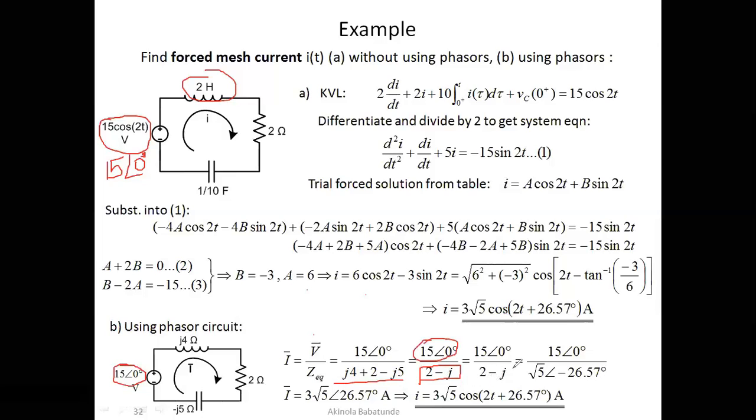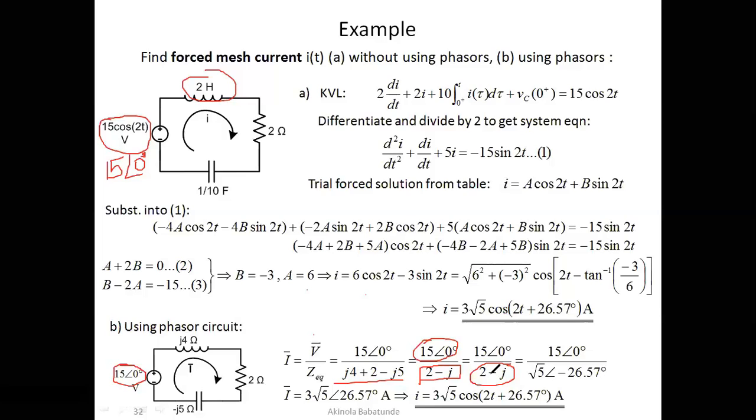You can also write this 2 minus J in phasor form. How do you write 2 minus J in phasor form? This is pretty much easy. First of all, you find the magnitude. 2 squared is 4 plus minus 1 squared, which is 1. 4 plus 1 is 5. Square root of 5 is going to give us this. So that's how to find the magnitude of this particular complex representation.